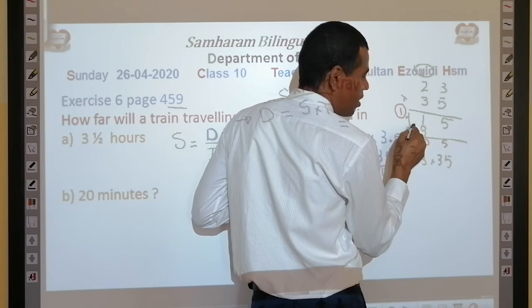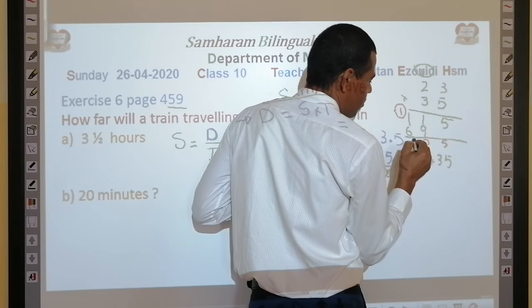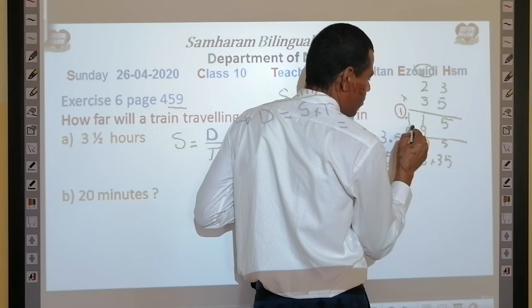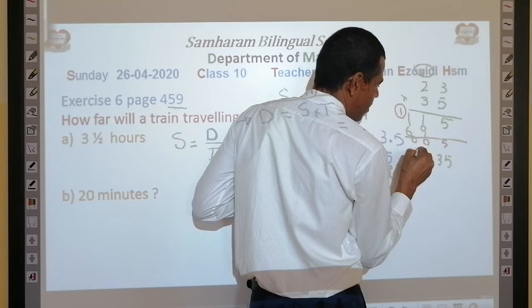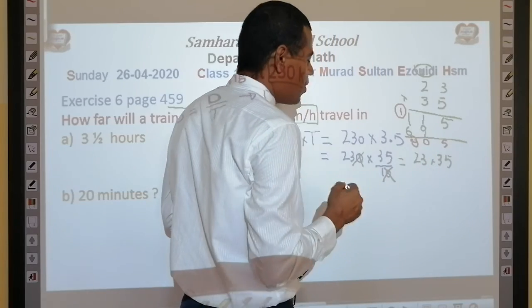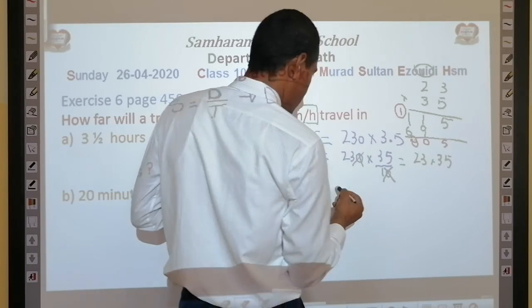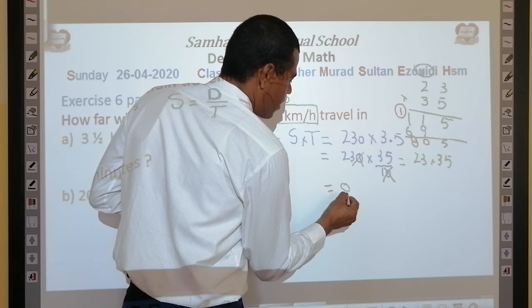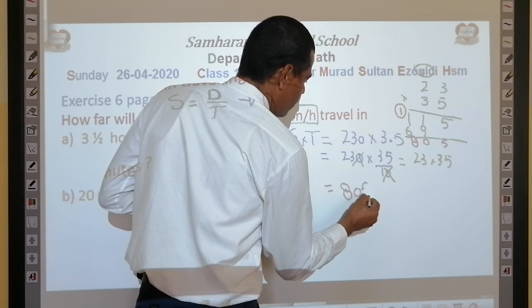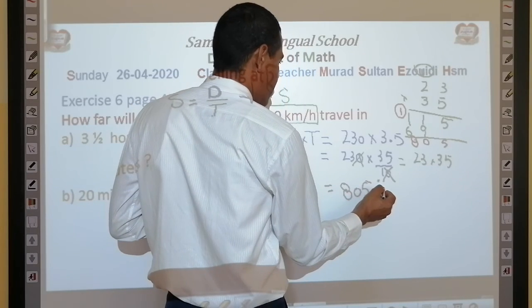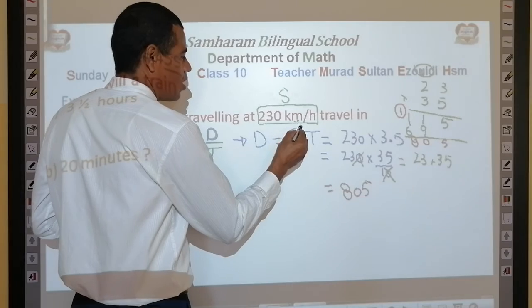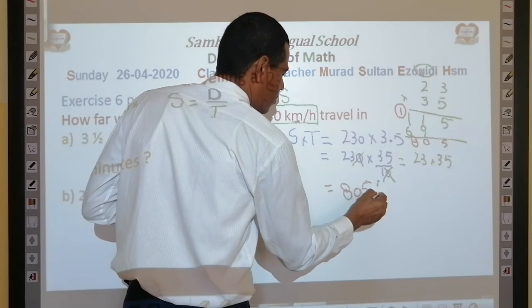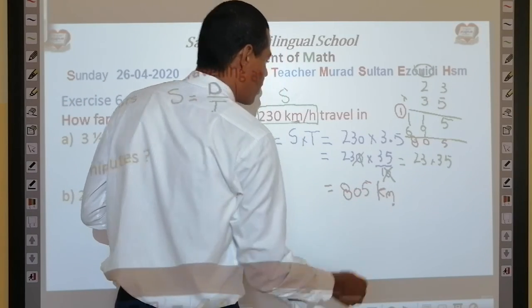Then 6 plus 1 is 7 plus 1 is 8. Okay, so it will be equal to 805. What is the unit? The unit is, of course, kilometer.